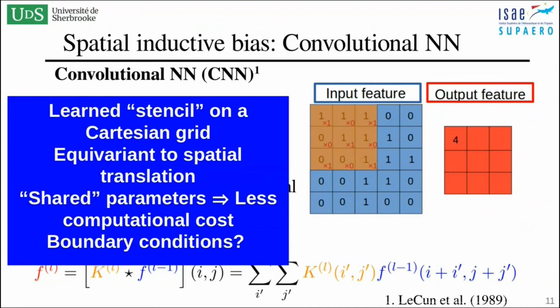And because they share this learned filter throughout the whole input, they are much less computationally expensive than the previous case. The problem, as you can see here, is that the output has a smaller dimension than the input, so the red has a smaller dimension than the blue. This is because we are not imposing any boundary conditions here, and the question is how to impose them.